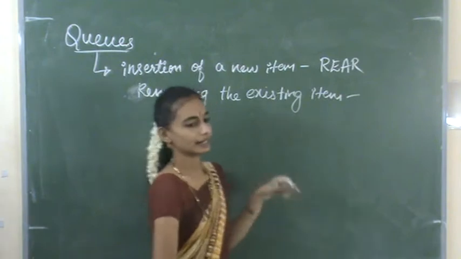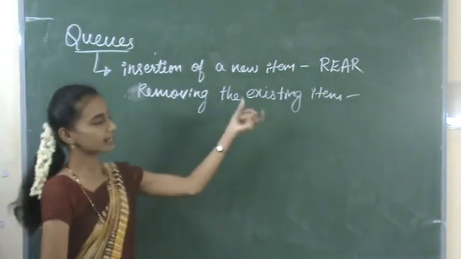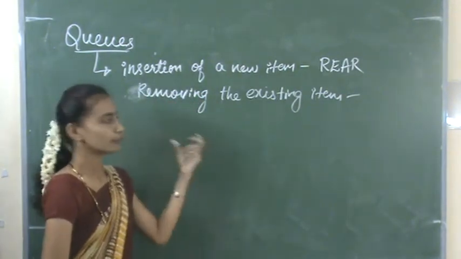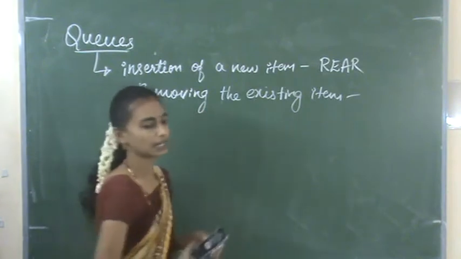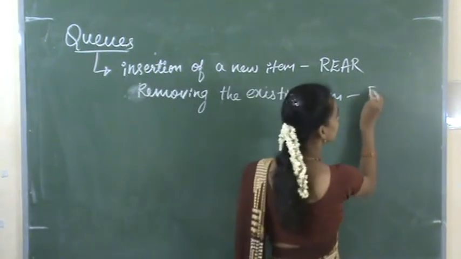For removing an existing item, we use another end, that is the front end.